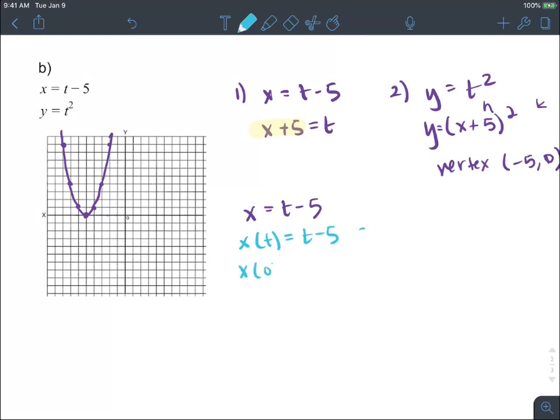So x of 0 would be -5. x of 1 would be -4. x of 2 would be -3. So as time goes on, I'm starting at x equals -5, then -4, then -3, then -2. So the points are moving in this direction. Okay, so again, we need those little arrows.